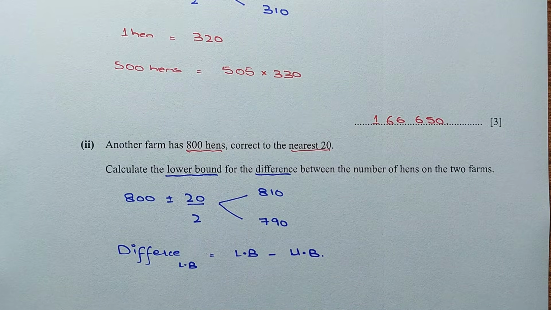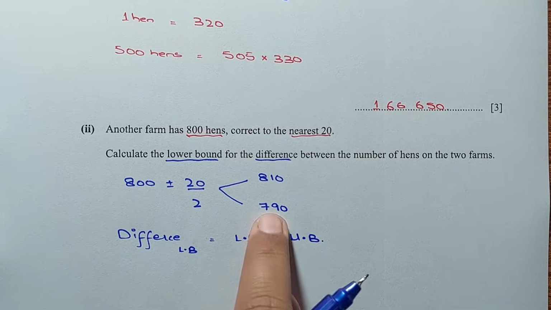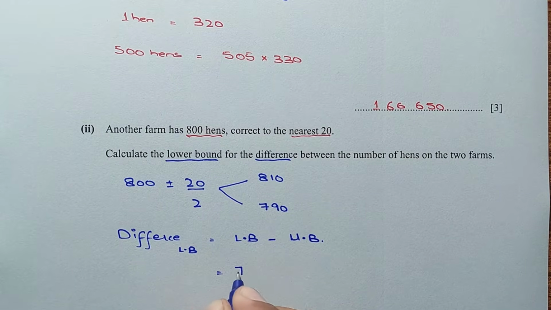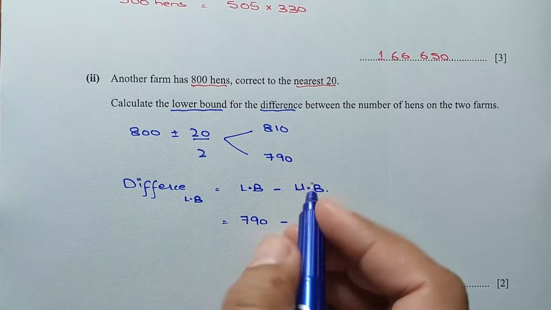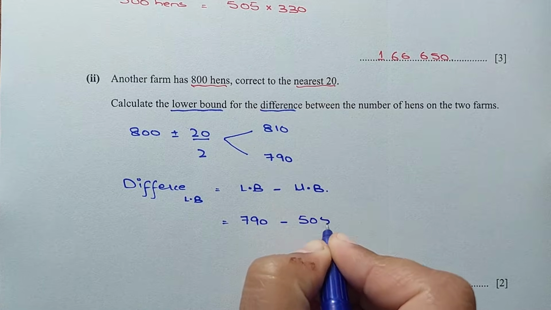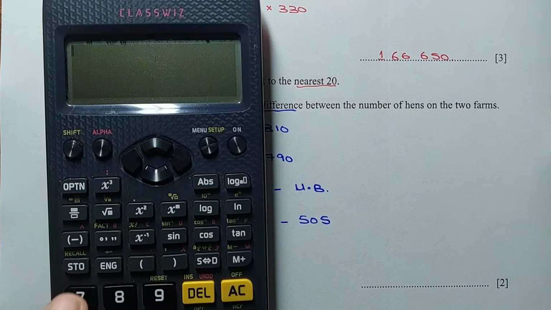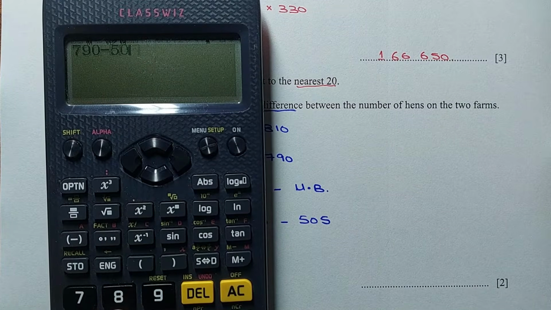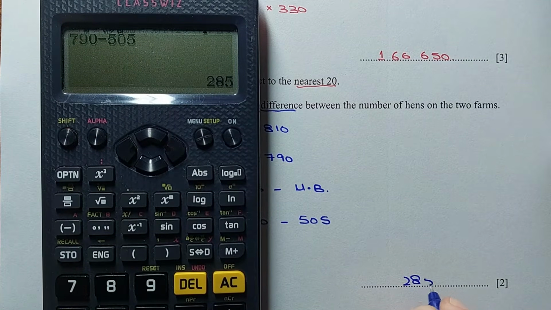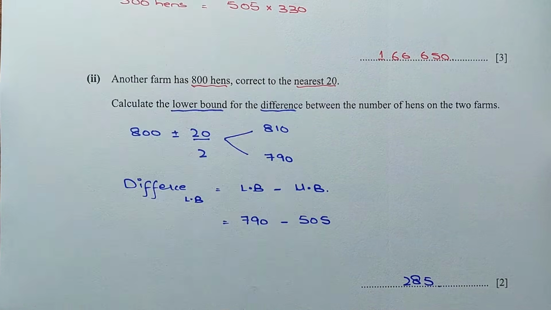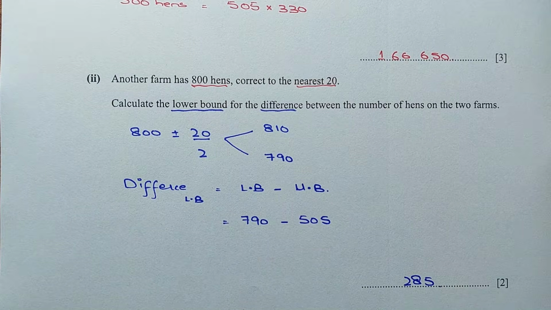So the lower bound is 790 minus the upper bound 505. 790 minus 505 is 285. This is the lower bound of the difference between the number of hens on the two farms.